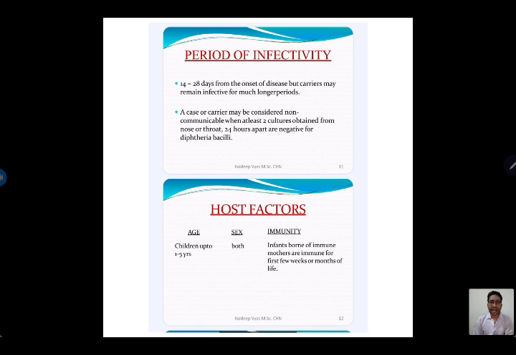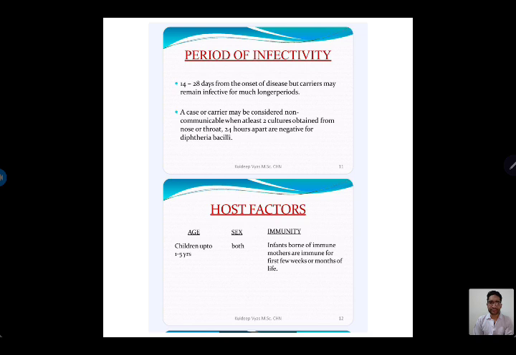A carrier may be considered non-communicable when at least 2 cultures obtained from the nose and throat, 24 hours apart, are negative for diphtheria bacilli.